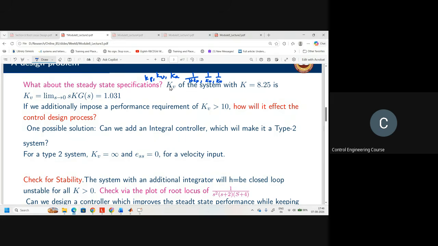So Kv in this case, if you calculate Kv, the limit as s tends to 0 of s G(s), turns out to be 1.02.